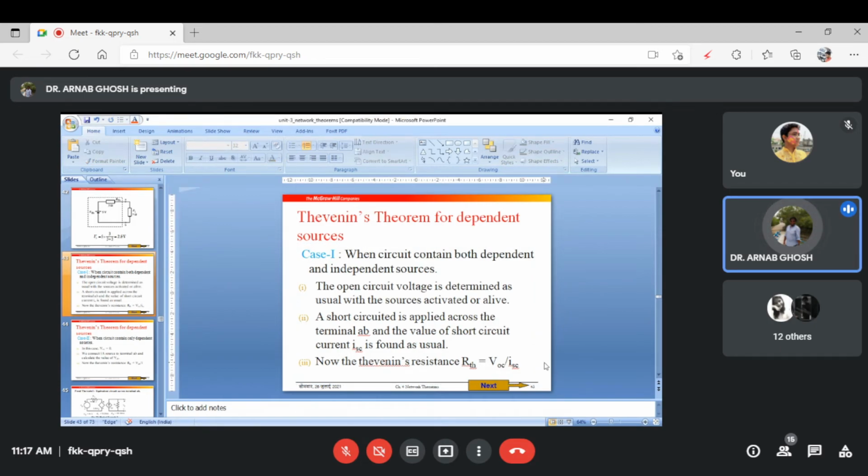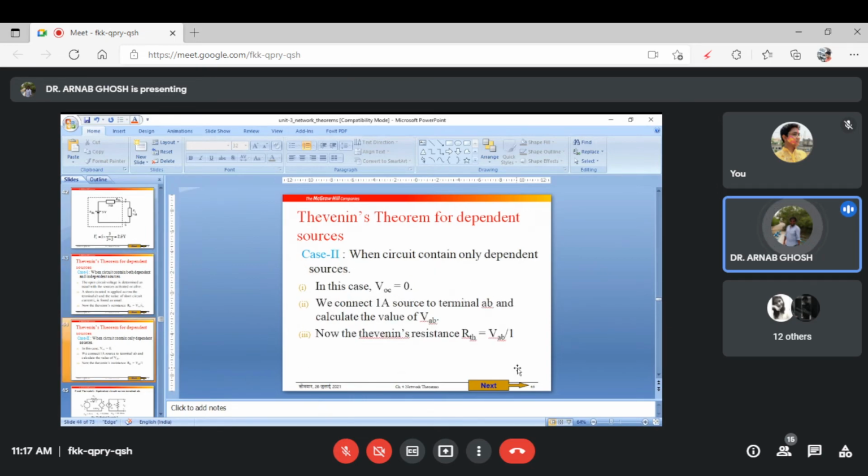So first we are calculating the open circuit voltage by considering all the sources active. Then we are calculating the short circuit current by short circuiting the terminal AB. And then we are calculating the Thevenin's resistance as VOC by ISC. This is for the case when you have the dependent as well as the independent source.